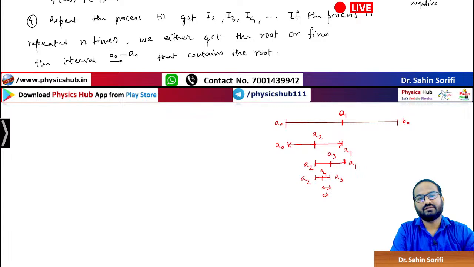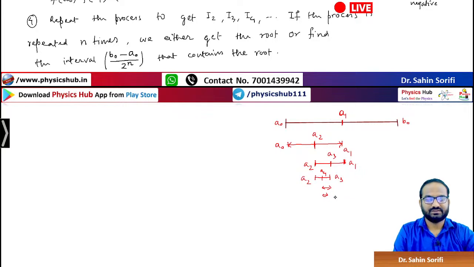If you do one bisection, you get (b naught minus a naught) by 2. Two bisections, 2 square. Three bisections, 2 cube. So if you repeat the process n times, the interval containing the root is (b naught minus a naught) divided by 2 to the power n.